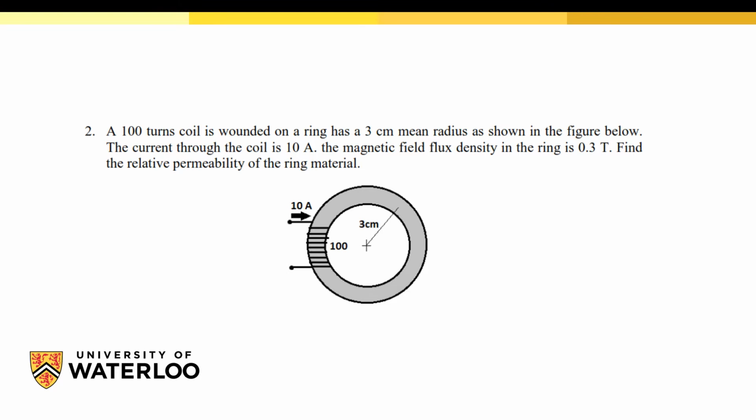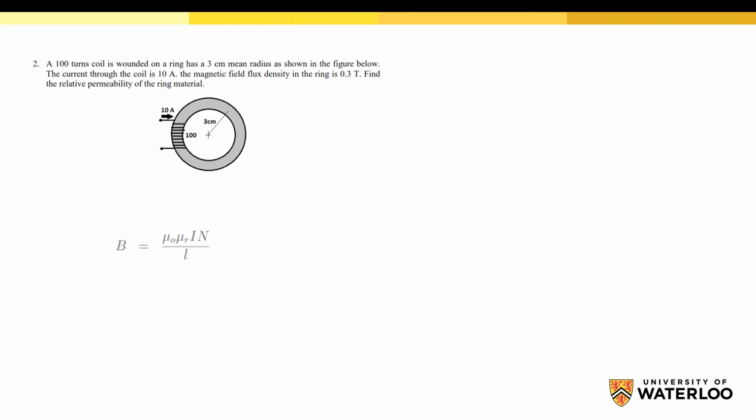So here in this question, we know the current passing through the coil, the number of turns of the coil. We know the radius of this ring, and we know the magnetic flux density. So from the magnetic flux density, we know that it's equal to mu naught mu r times the current times number of turns over the length. This length is the length for the path of the flux itself.